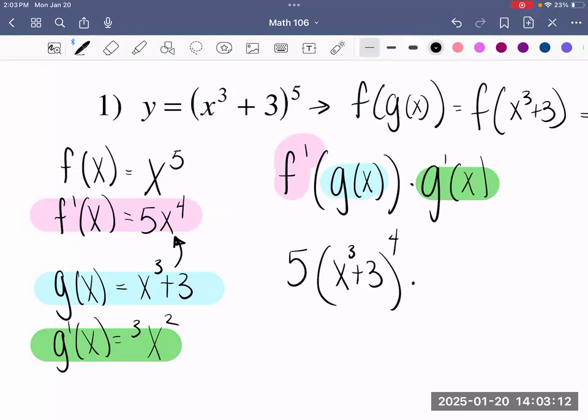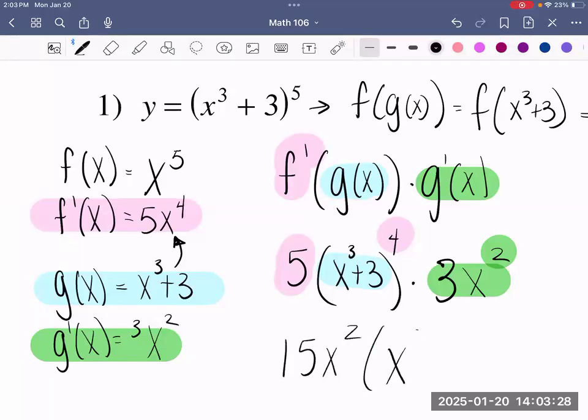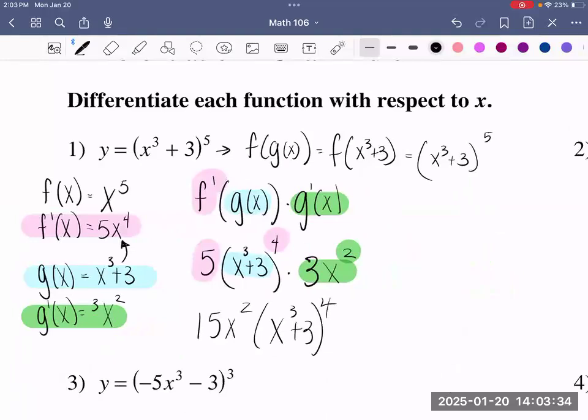And then we get to take your g prime of x. So we have this bit, this, and then this portion. And again, we want to fix it up: 15x squared, x cubed plus 3 to the fourth. So this is just one approach, actually using your rule here.